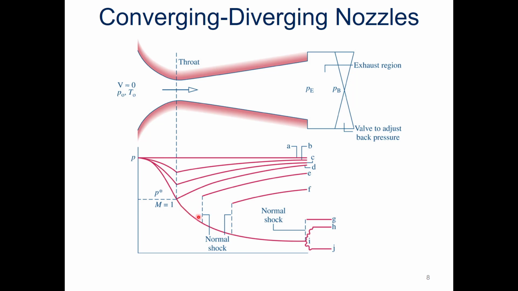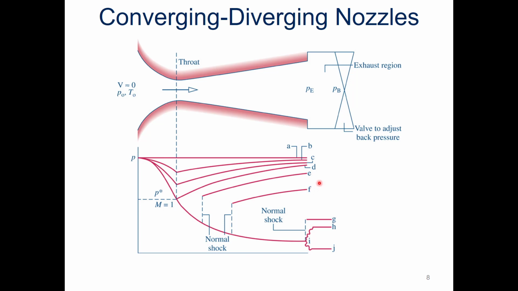And we go through part of the nozzle before we get to this normal shock. So what happens is there's not enough energy in the flow to make it the whole way through our supersonic nozzle. All right, and so we have a sudden compression of the flow across the normal shock. We go to a higher pressure, and we go through what's now a subsonic diffuser up to the exit pressure for case E.